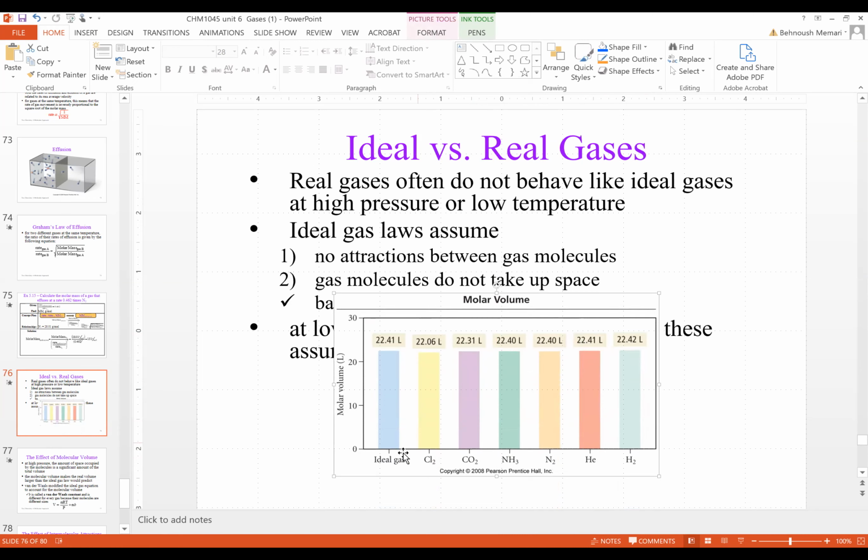If you look at this deviation from the ideal gas, the higher the molar mass, the more deviation. You see hydrogen, a lighter gas, has the lowest difference, helium and hydrogen. And when you look at chlorine, it has greater deviation.